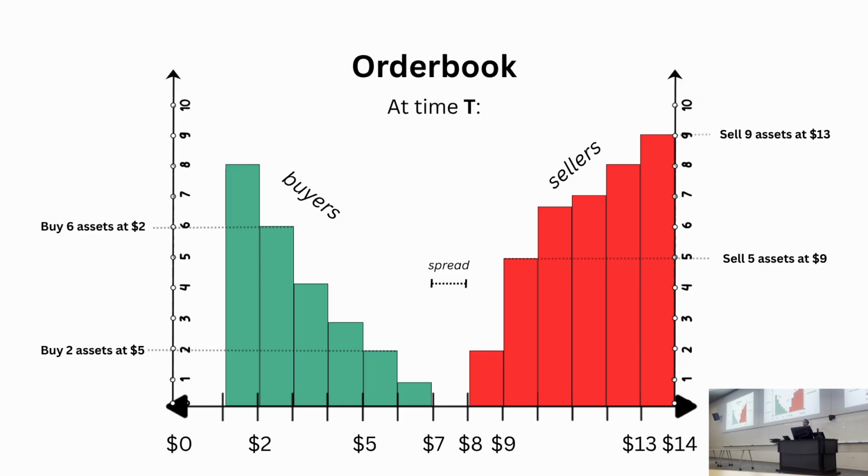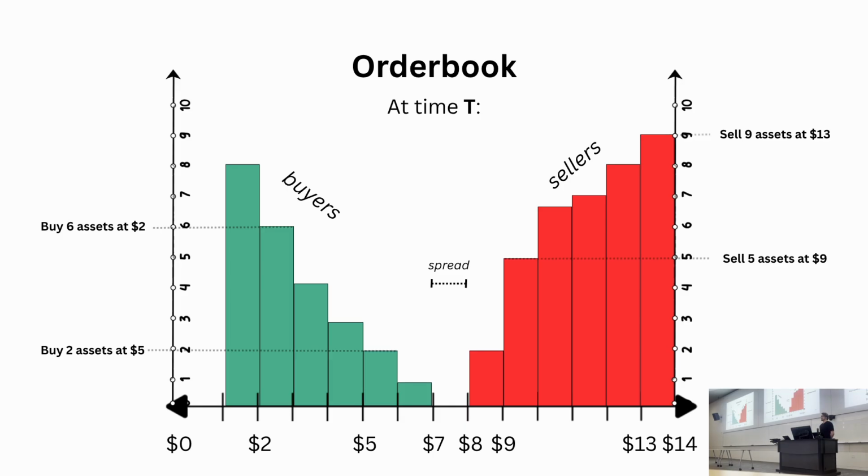On the left-hand side, in green, you're going to have the buyers, the people who are willing to buy the asset. On the right-hand side, the red bars are going to be the sellers, the people who are willing to sell. And just so you intuitively understand this picture, imagine that you want... No, I think I'm getting ahead of myself. We're going to talk about it in a second.